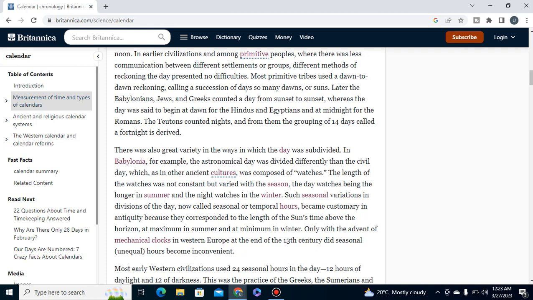Only with the advent of mechanical clocks in Western Europe at the end of the 13th century did seasonal unequal hours become inconvenient.